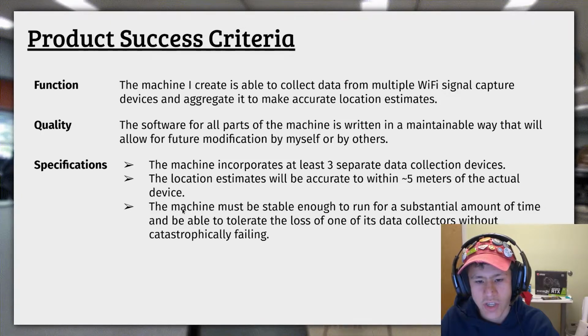And finally, the machine needs to be stable enough to run for a substantial amount of time and tolerate the loss of its data collectors without catastrophically failing. The last part is especially important because I plan to set up my tracking machine inside a public place where people are prone to inadvertently damaging it by tripping over a cord or smacking into them.